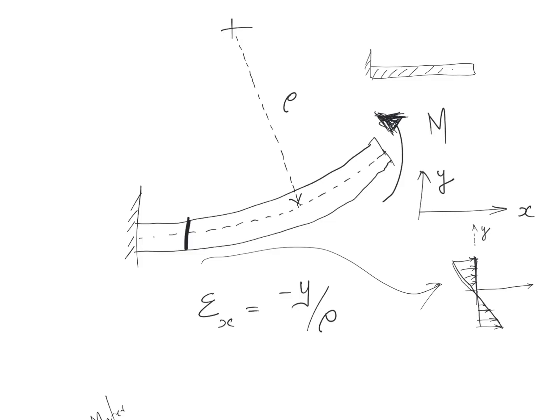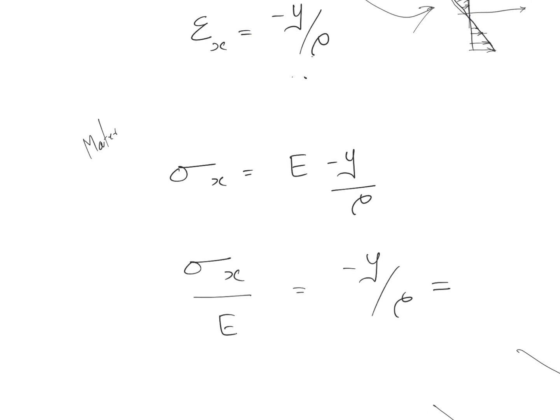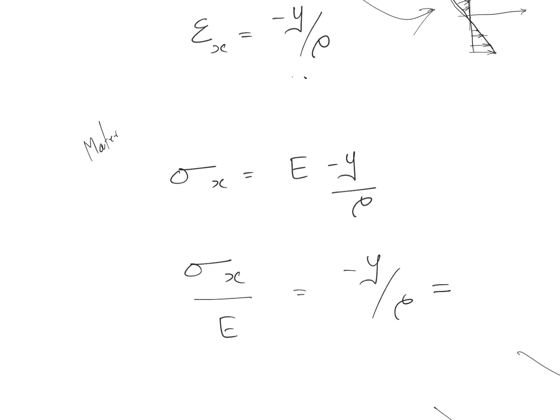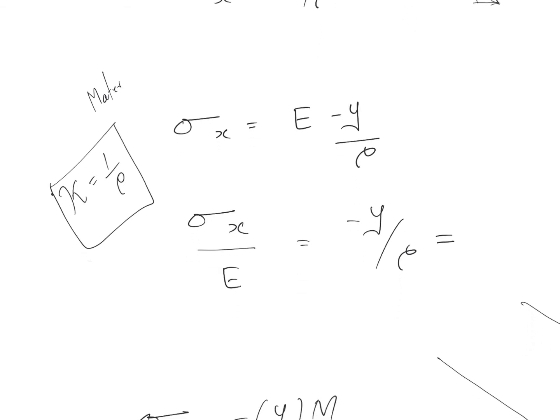Make sense? Fine. There is something called curvature as well. Curvature is nothing but the reciprocal of the radius of curvature. Some textbooks use the symbol kappa to denote the curvature.